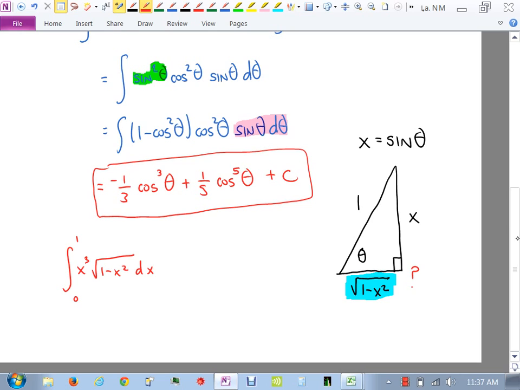You'd be replacing tangent theta with x over the square root of 1 minus x squared. So that's not the cosine, the argument was theta. We're replacing the whole thing, the whole trig function.